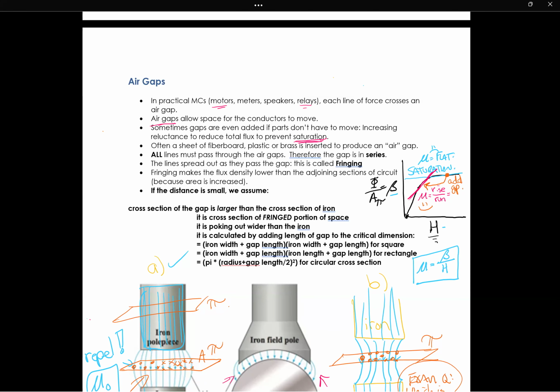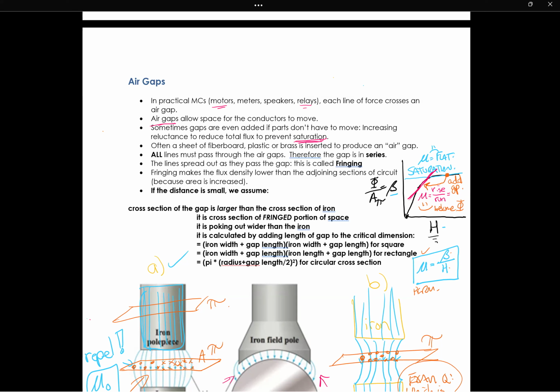All right, so the slope goes into this range where we welcome lines of flux. And if you don't know what I'm talking about, then you're going to have to review what permeability is, what flux density is, and what magnetic field strength is. But sometimes gaps are added to prevent going up higher on that BH curve.